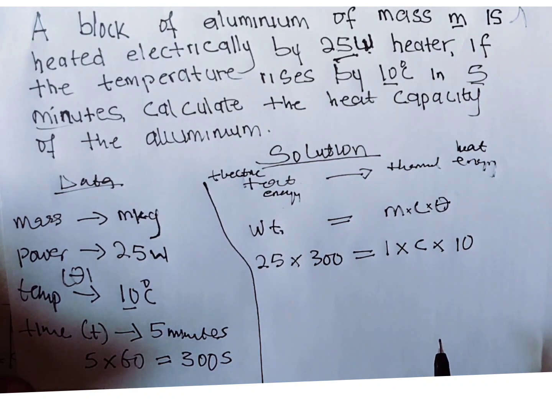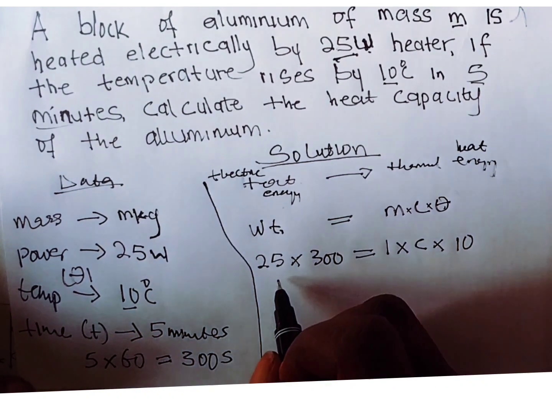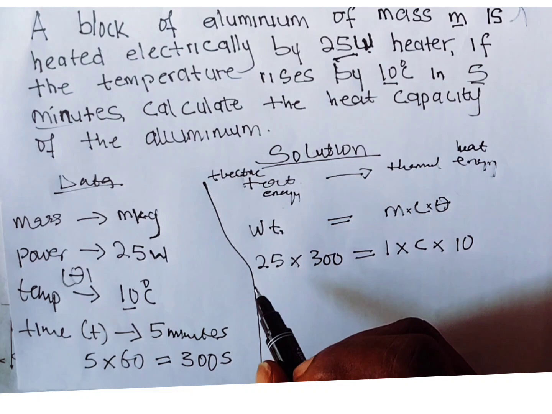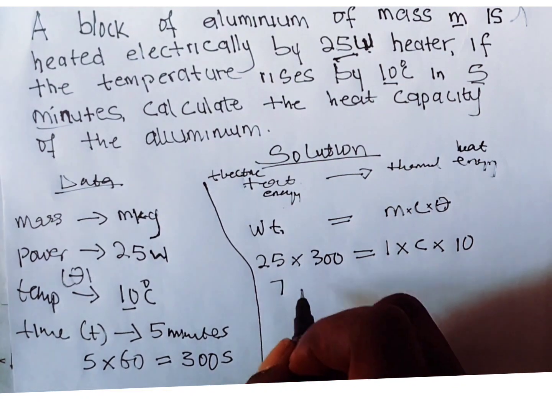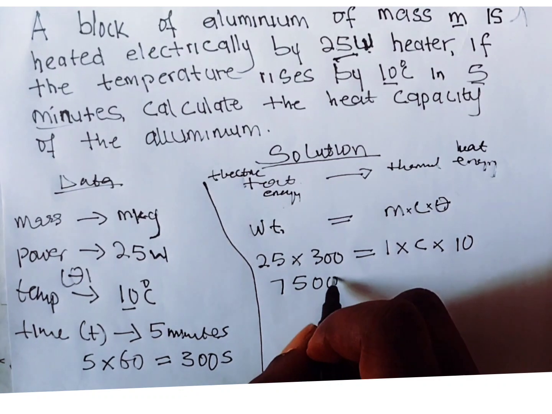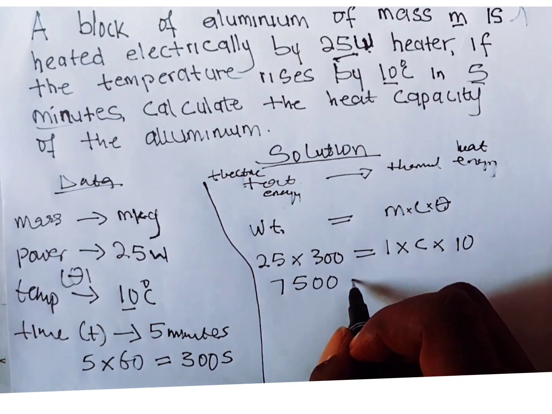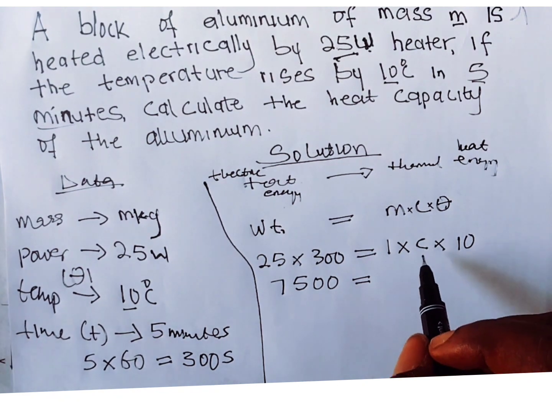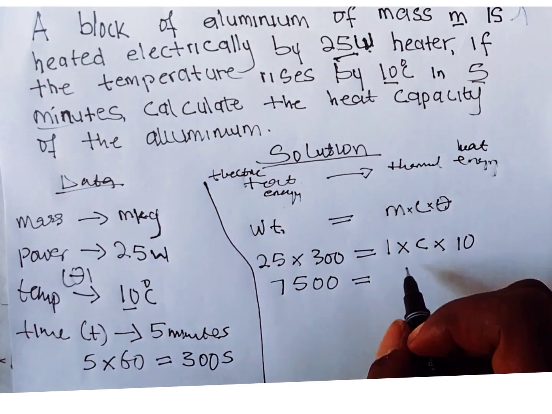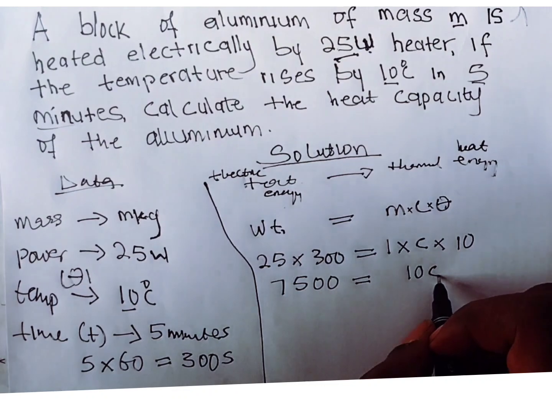We come to this side and evaluate. We say 25 times 300 gives us 7500. Put our equals to, and we say 1 times C, still C, times 10, becomes 10C.